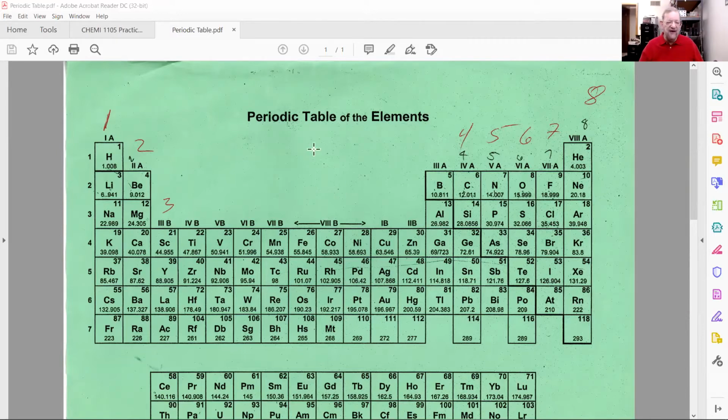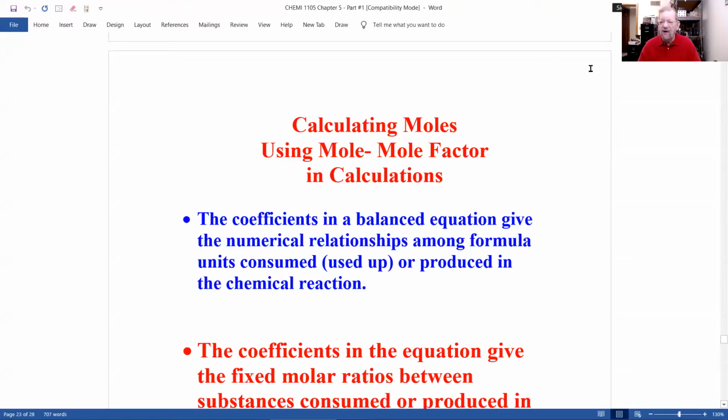Now, how do you find the valence electrons? You look at the number at the top of the column, either Roman numeral or in red, numeric, and that tells you how many valence electrons. For hydrogen, 1.